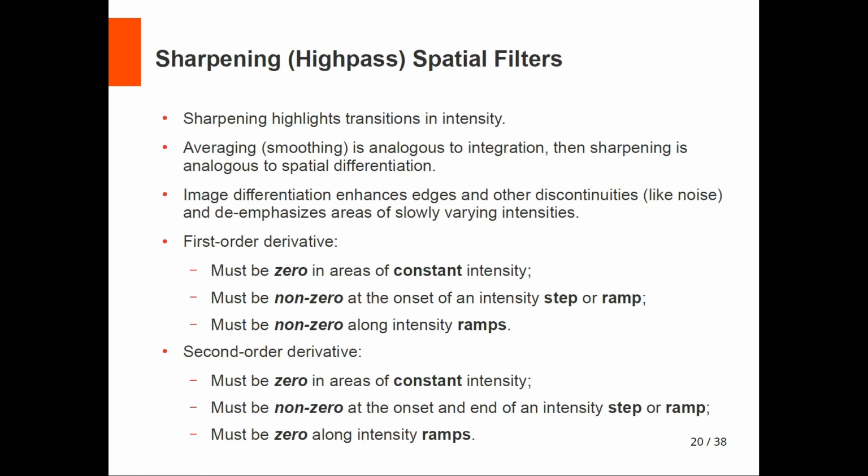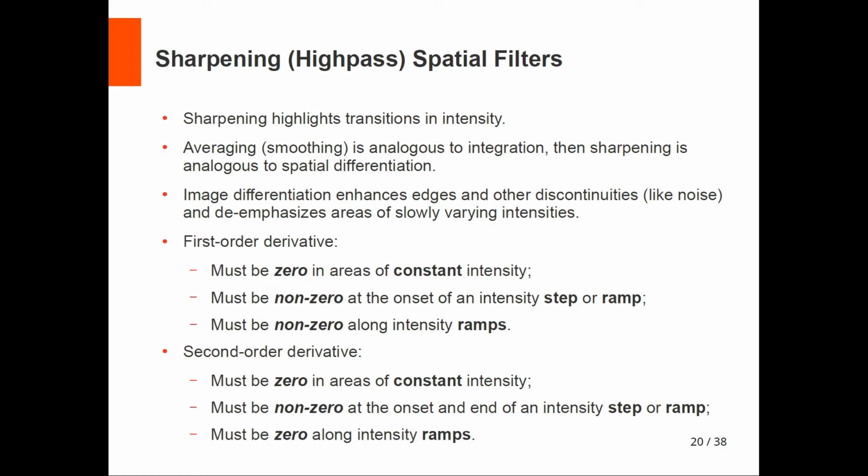Before we go into much more detail, let's quickly go over some of the properties of the first derivative and the second derivative of a function. The first derivative is 0 in areas of constant intensity.